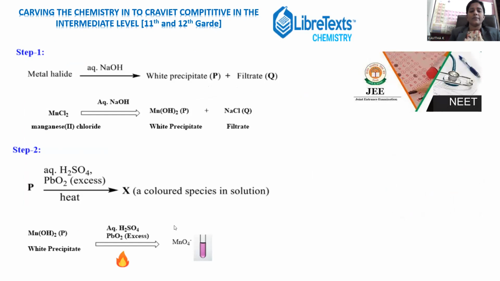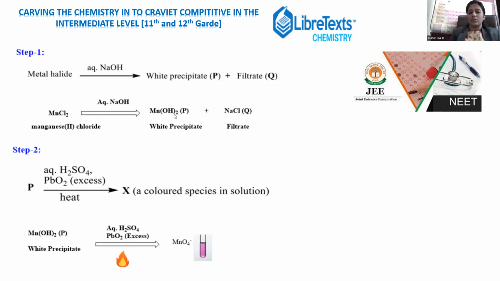The white color solid will be manganese hydroxide. You can clearly observe it at the bottom of this test tube, right? So step by step we solve this problem. The metal halide will be taken, aqueous sodium hydroxide will be added, giving a white precipitate and filtrate. Manganese chloride, upon treating with sodium hydroxide, turns into manganese hydroxide, which is a white precipitate.